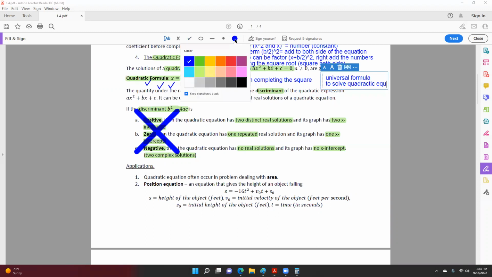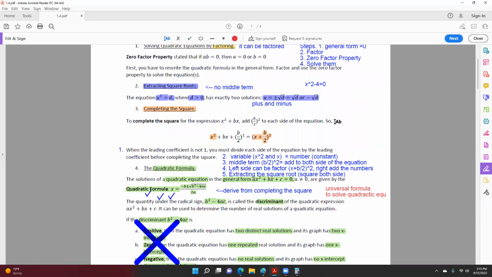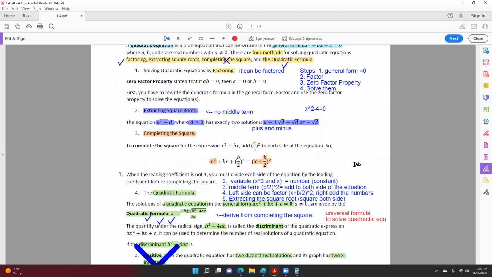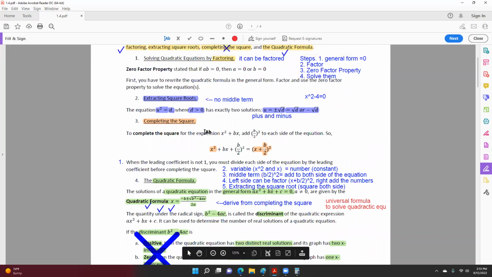It means that no matter what quadratic equation you have, whether it can be factored or not, whether you have a middle term or no middle term, this formula can solve it. That's why this formula is used a lot, especially by students who are struggling with factoring.